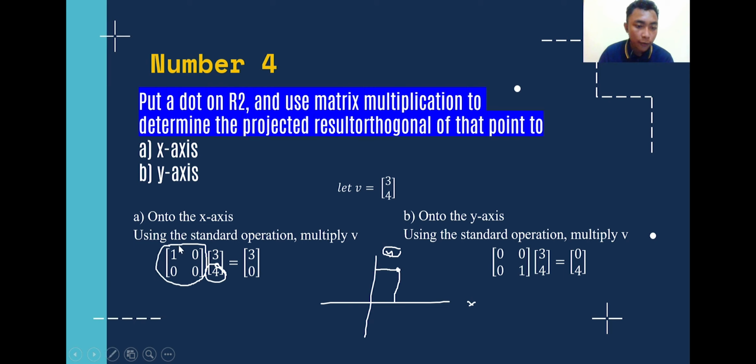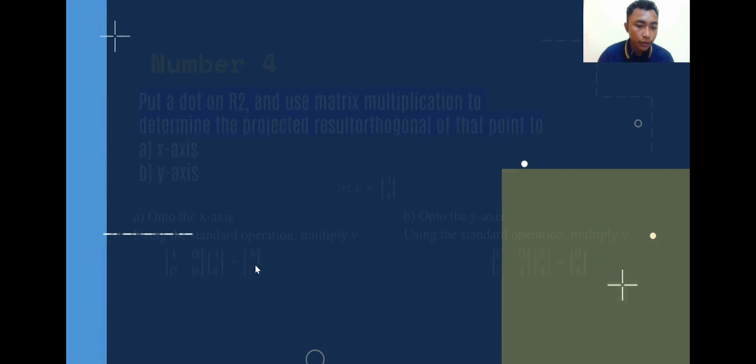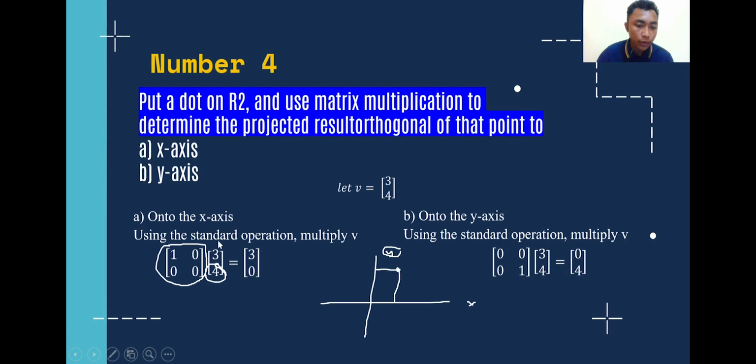So the formula for the x-axis is like this: 1 0 0 0, and we multiply it with the coordinate point, and the result is 3 0.